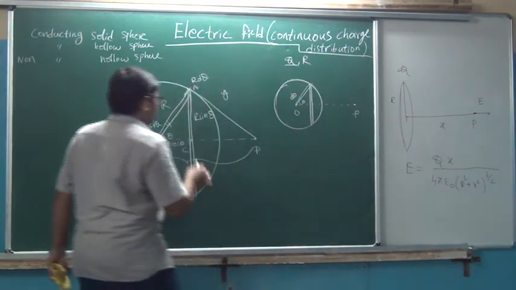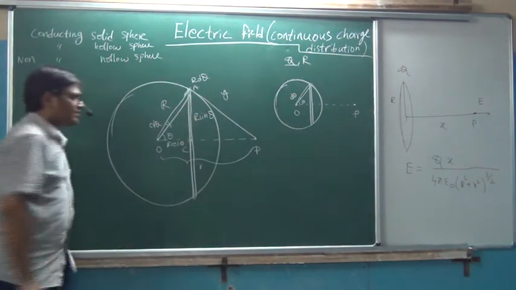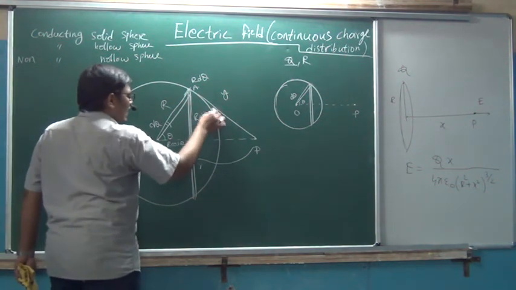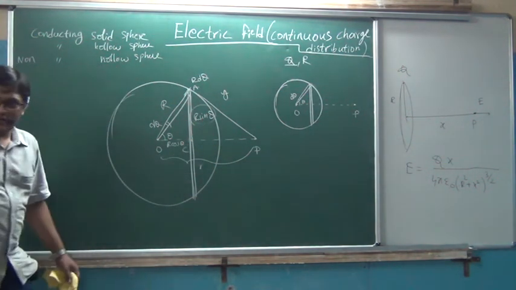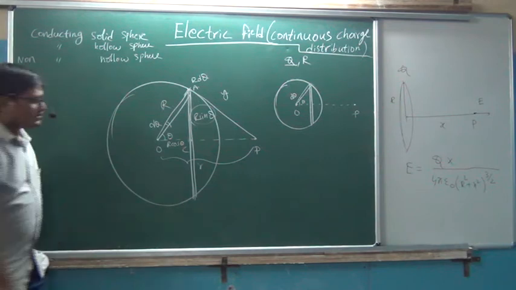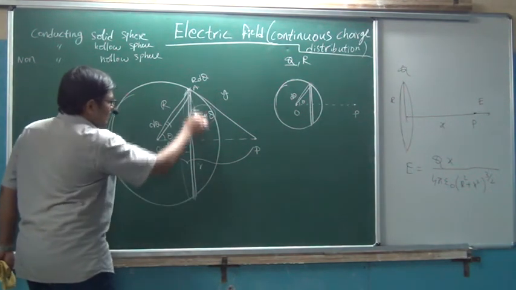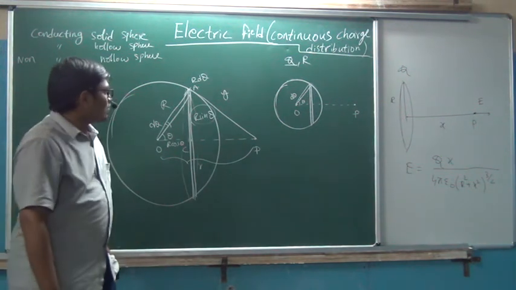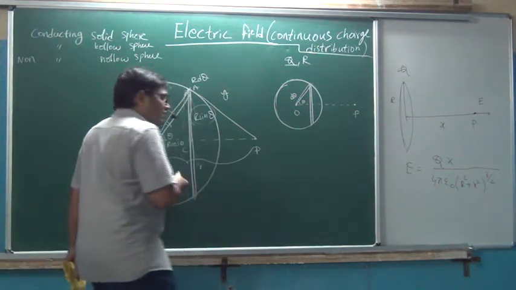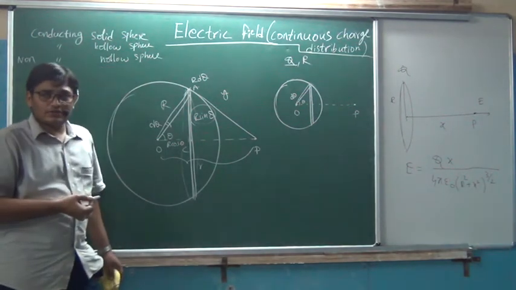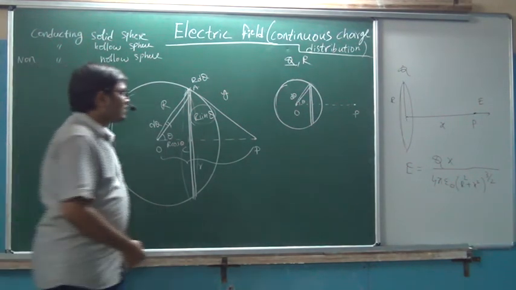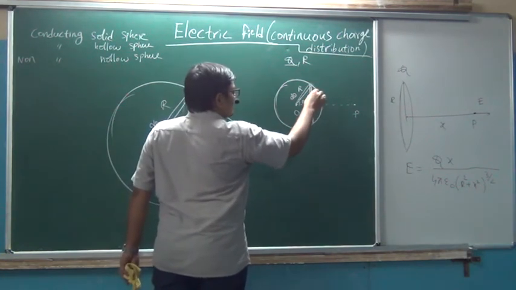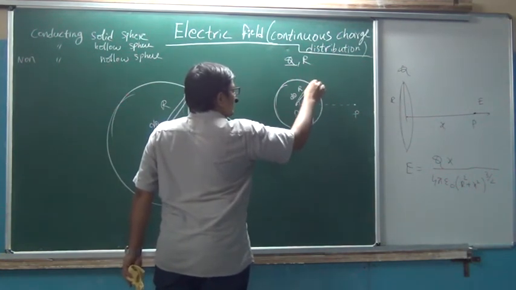Now, what is the radius of this ring? The radius of this ring is nothing but r sin theta. This is a ring actually. Got the point? From this magnified view, I hope you understood how to proceed. Now, this is r. This is r sin theta.